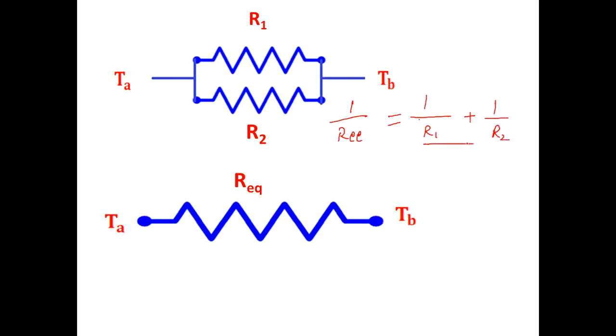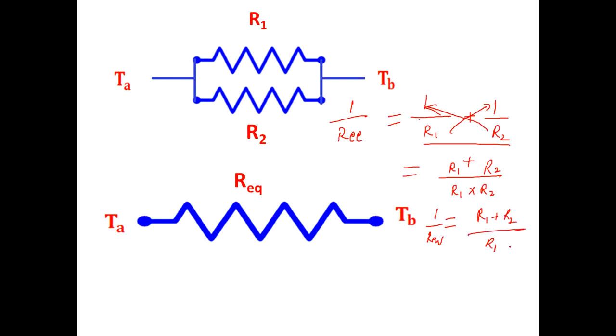After the calculation, taking the LCM R1 into R2, R2 goes here and R1 goes here. So 1 upon R equivalent is equal to R1 plus R2 divided by R1 R2. Therefore, R equivalent is equal to R1 R2 divided by R1 plus R2. Note on this.